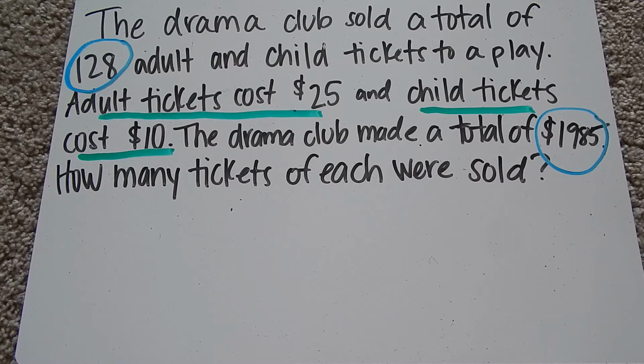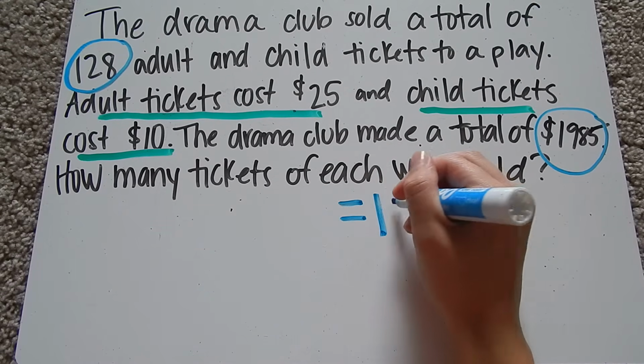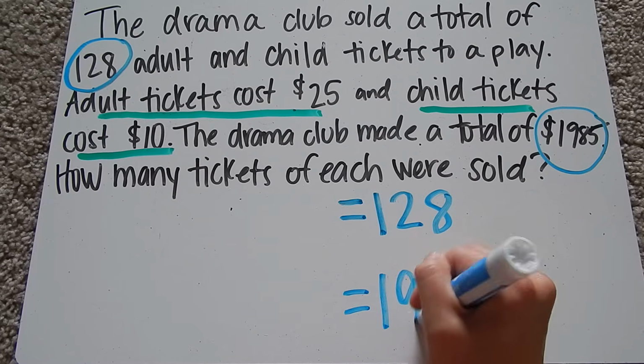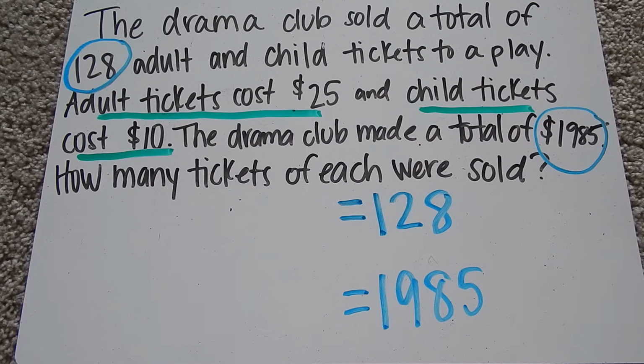So as I'm looking at what I've circled and what I've underlined, I see 2 totals, 2 circles, which means these are going to be my equations. Total means equal to. So I'm going to have 2 equations which are equal to, one is going to be equal to 128, the other is going to be equal to 1,985.